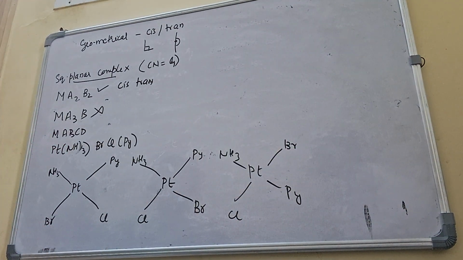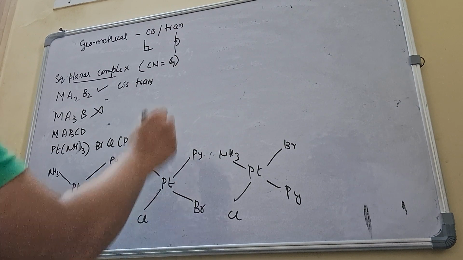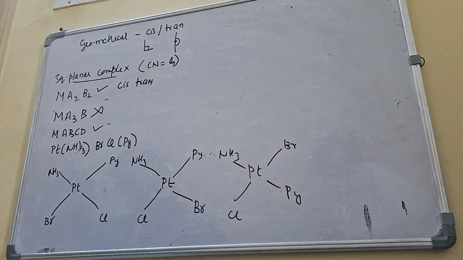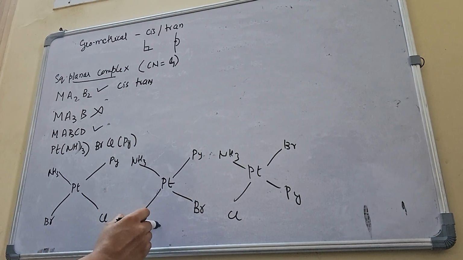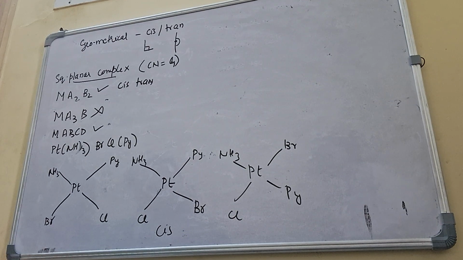So these are the 3 different possible isomers, correct? Now that is about square planar. So this will show isomerism: 2 cis and 1 trans it will show here.